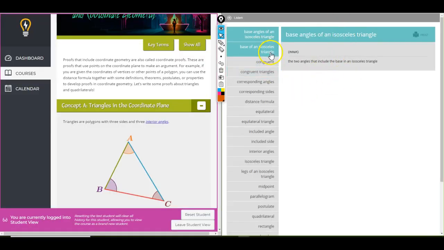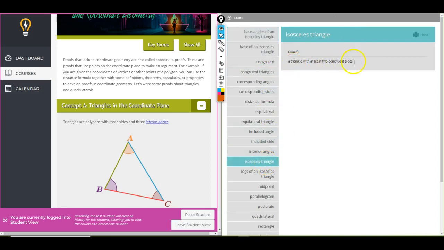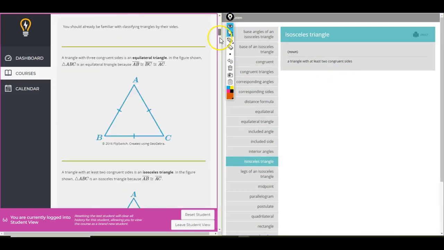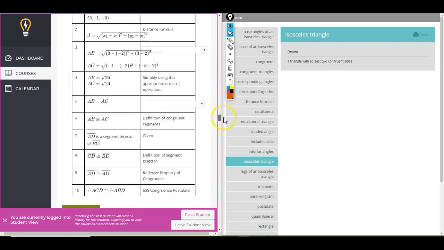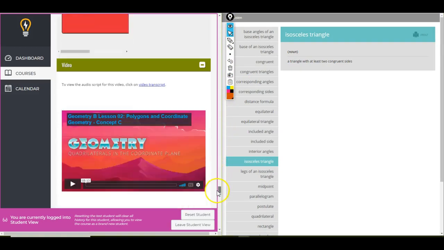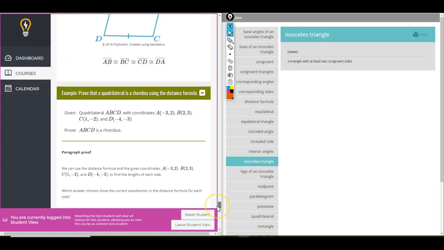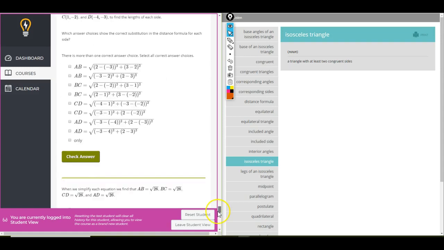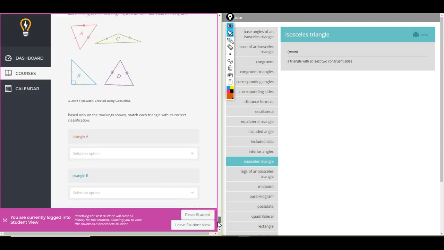So we have isosceles triangles, a triangle with at least 2 congruent sides. Based off of that and an understanding of what the tick marks represent, we're going to be looking for a triangle that has at least 2 sides that have the same tick mark.